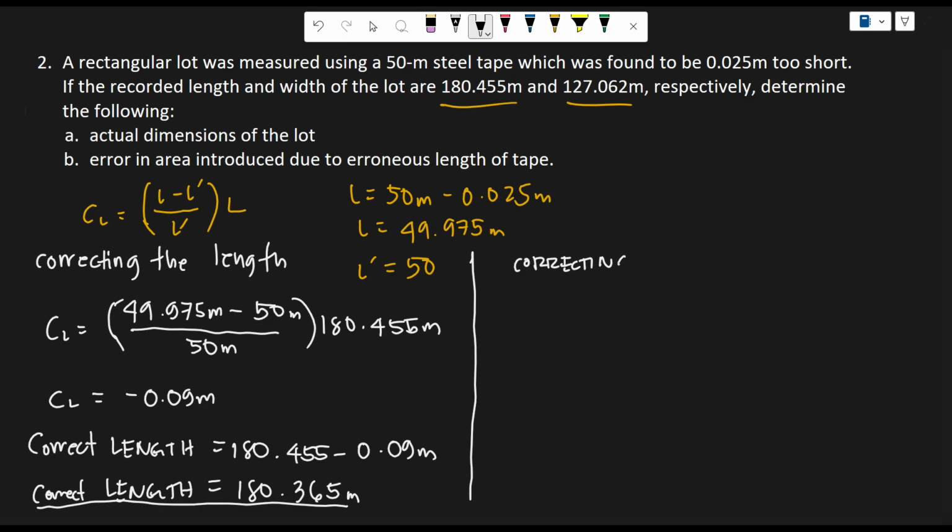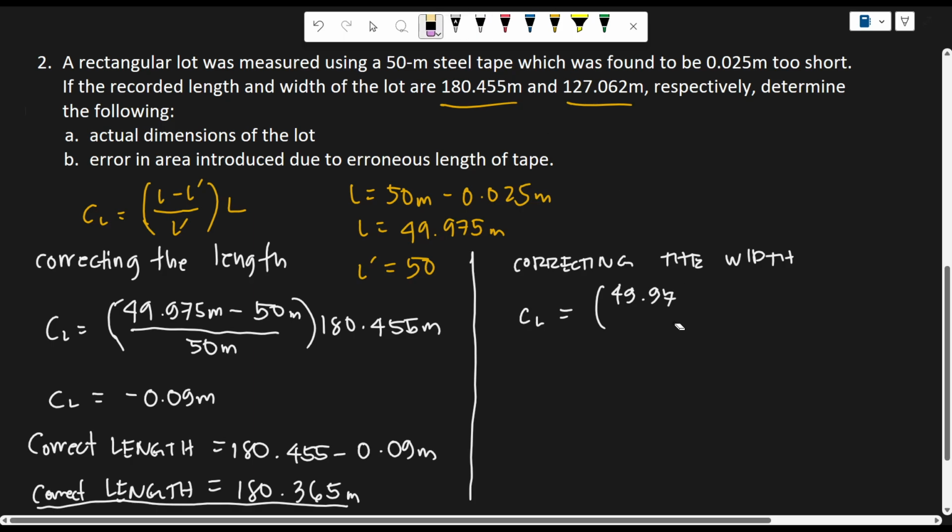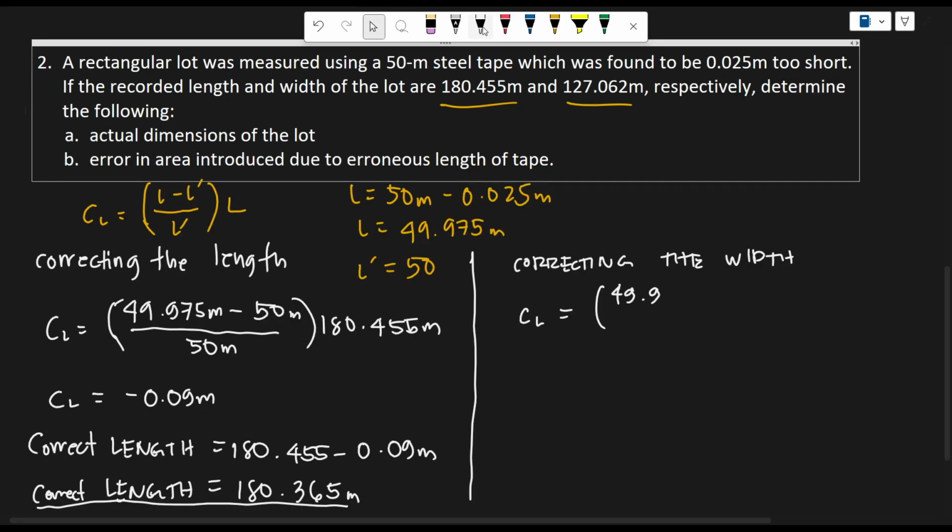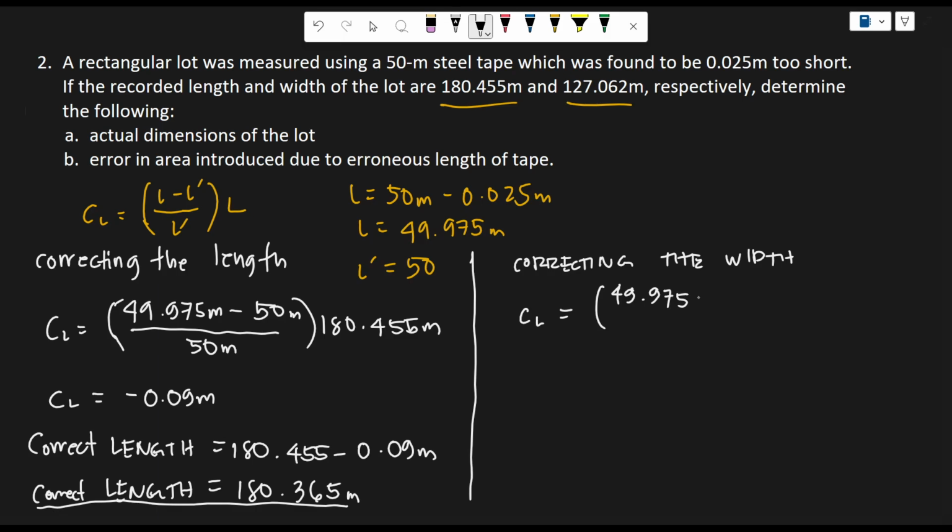So correcting the width. Let's apply our formula again. We can just substitute here negative 0.025, but let's write it out for clarity. 49.975 minus 50 meters divided by 50 multiplied by our width, which is 127.062 meters.